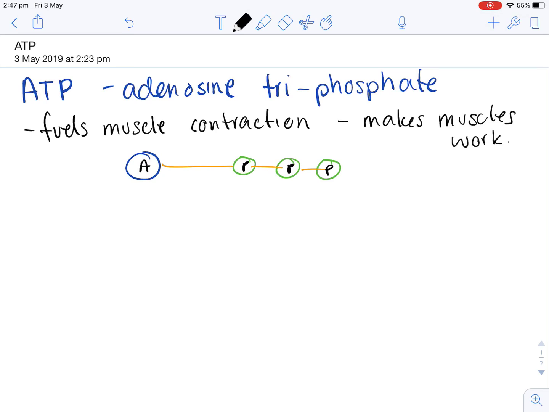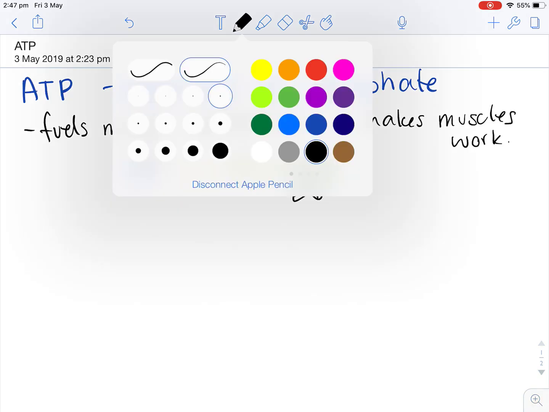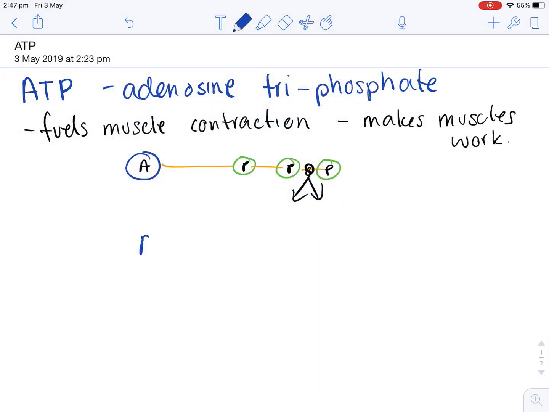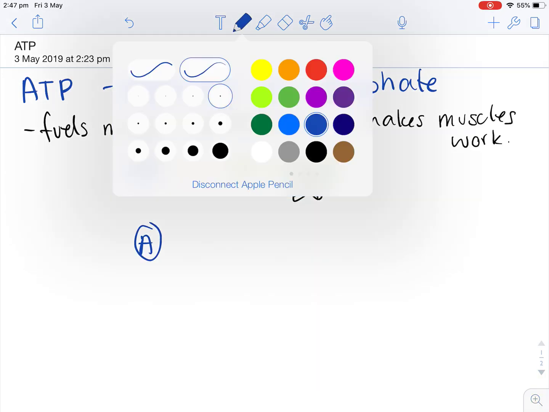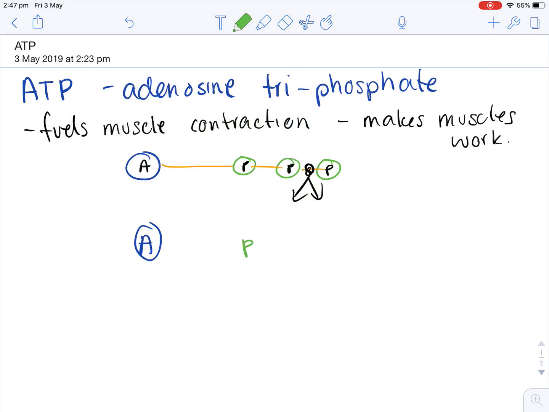Okay, when the bonds between the molecules break, when this one here breaks off, we end up with what's called adenosine diphosphate. Now that means that we have one adenosine molecule and only two phosphate molecules.